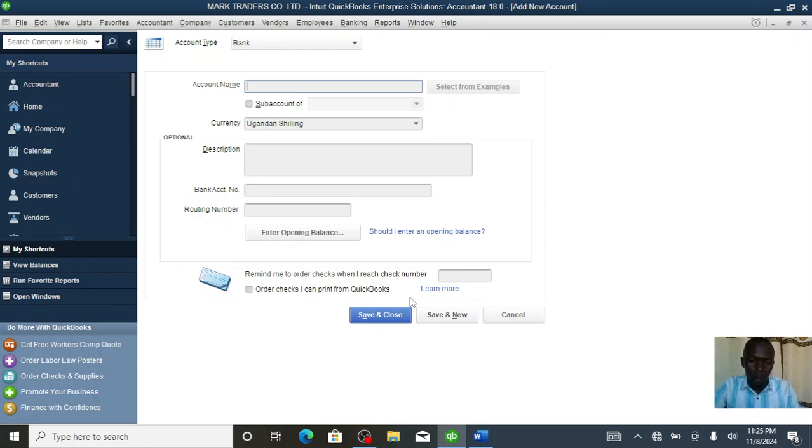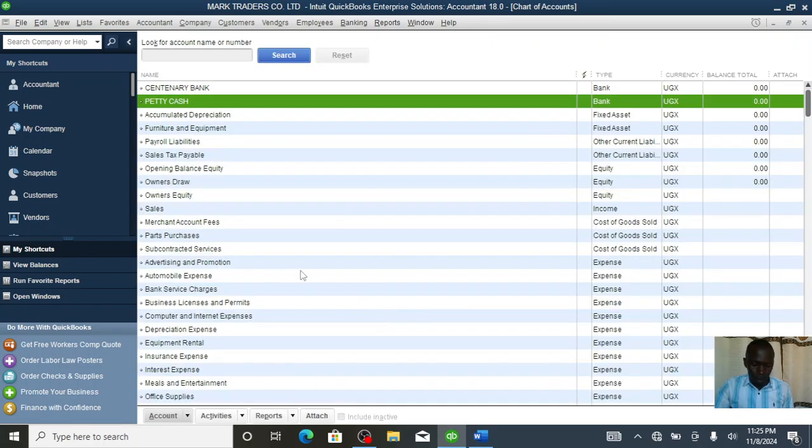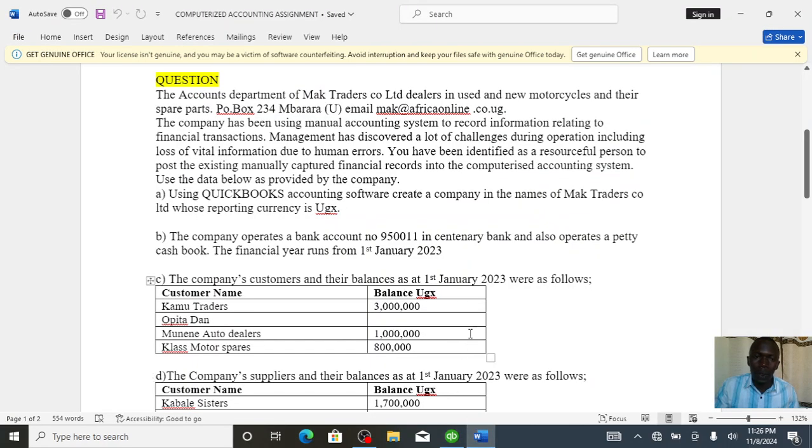We also open petty cash. Petty cash has no account number, so we save and close. So now I go back to the question.